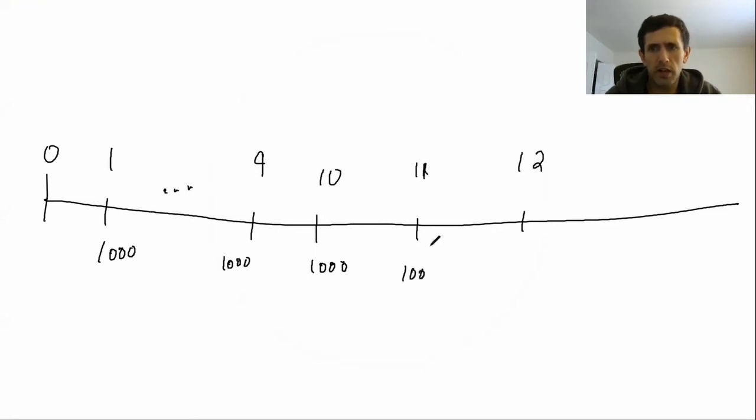So next, sorry, at the end of the 11th year, it's not the end of the 10th year, at the end of the 11th year, it's 1,000 times 1.02. 1,000 increases by 2%. At the end of the 12th year, it's 1,000 times 1.02 squared. Whatever this is, it increases by 2%. And you keep going.